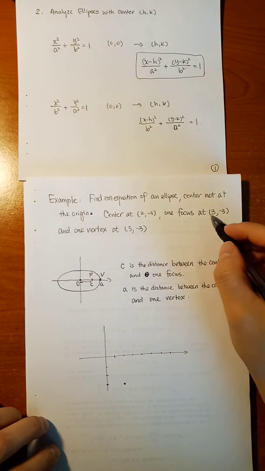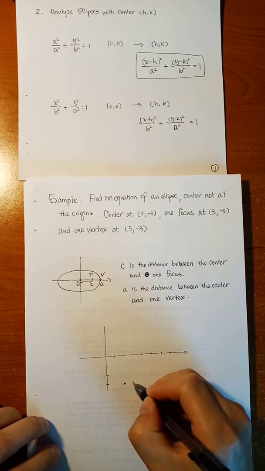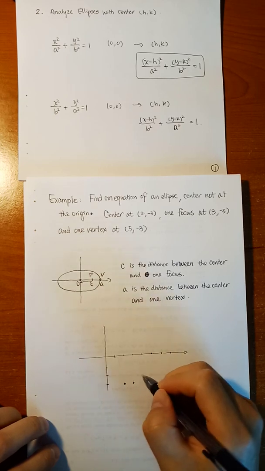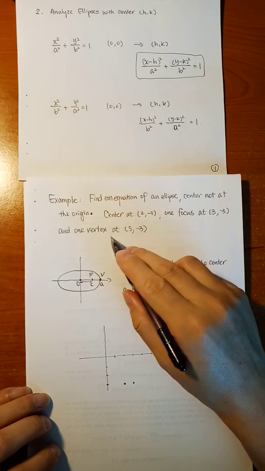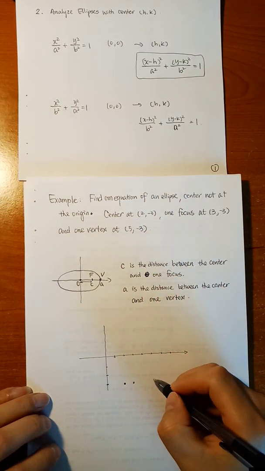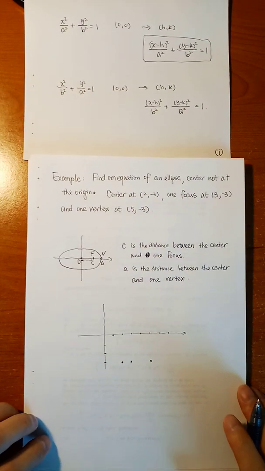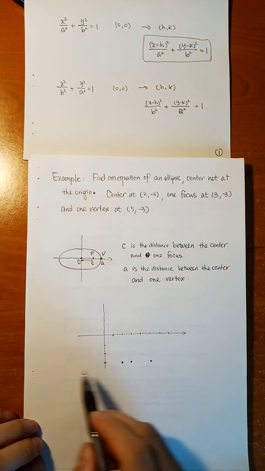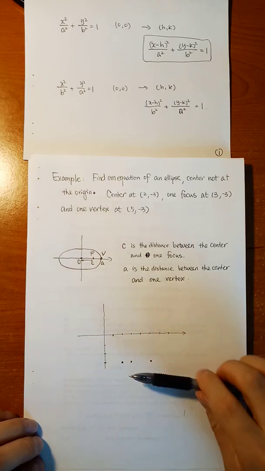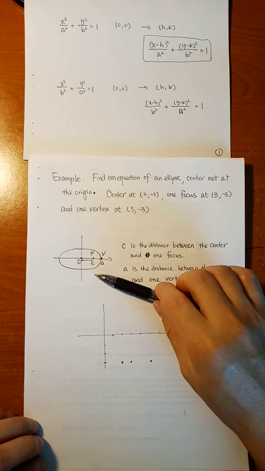The one focus is (3, -3), here. This is the focus. And the vertex is (5, -3), counting 1, 2, 3, 4, 5. Okay, so we have three points. And first of all, we see that it's horizontal. The center, focus, vertex are horizontal, so it satisfies this condition.